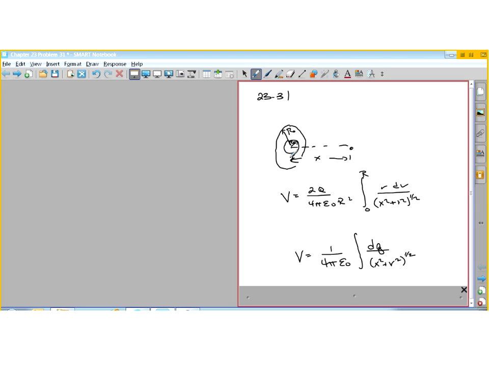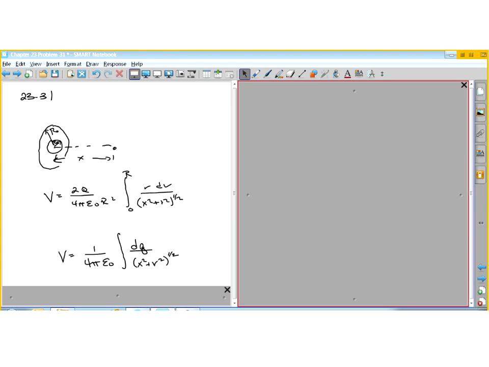In our case, instead of dq being q divided by the area, we're going to actually specify a dq.